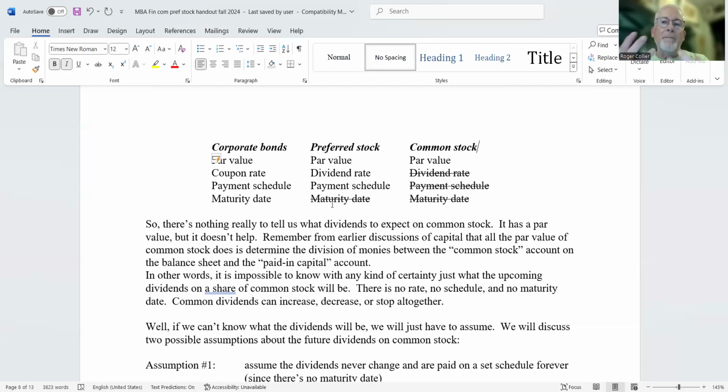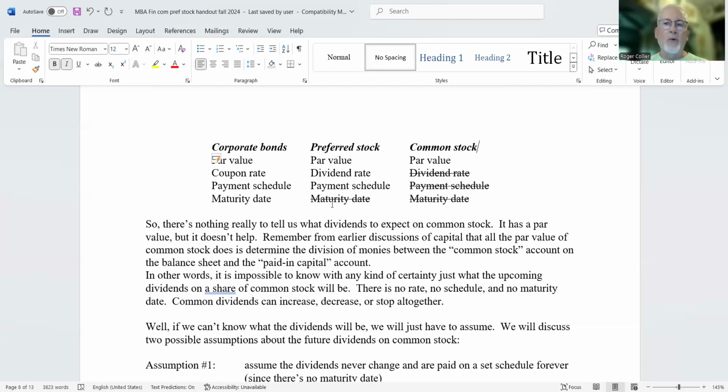Now, once we've made those assumptions, it's a really simple matter to refer back to where we came from, back to Learning Module 4, I think it was, and talk about dividends as a constant perpetuity and dividends as a growing perpetuity.